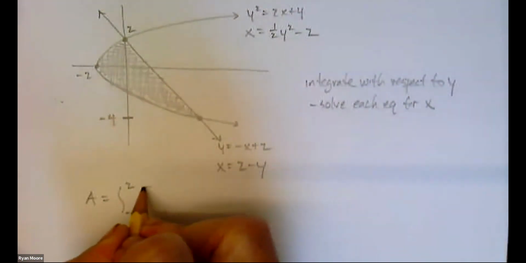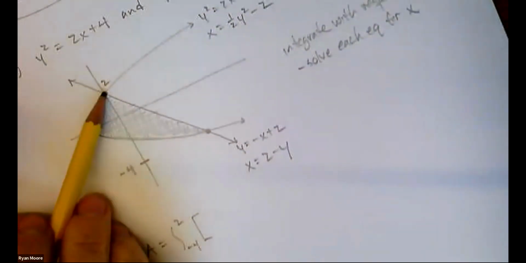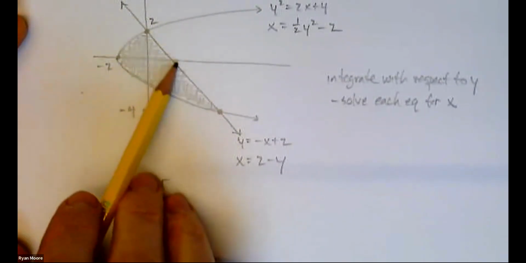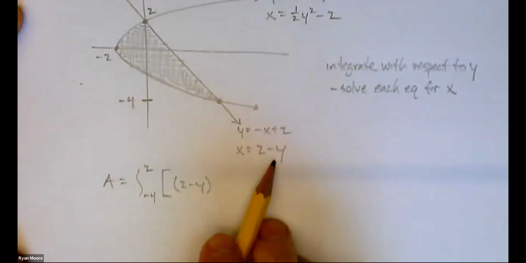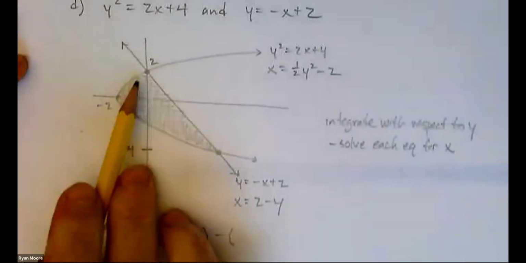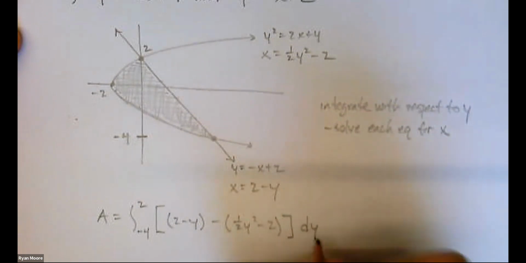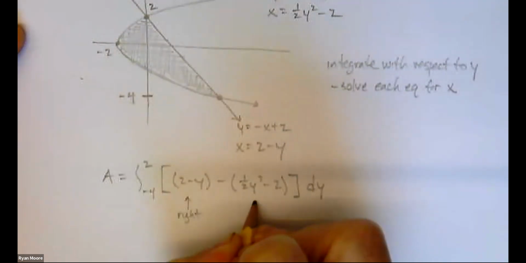When you set up the integral, looking at it this way, which one would be the top? When we rotated it, we realized that line is on top. It's always the function that's on the right, 2 minus y, minus the function that's on the left, 1/2 y squared minus 2, dy. The right minus the left.